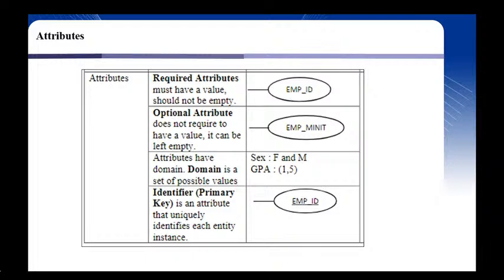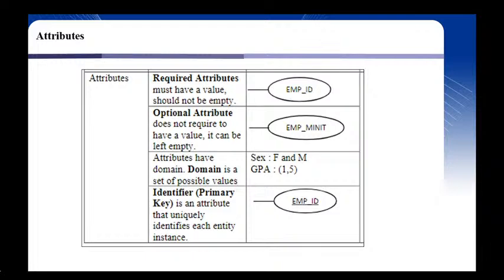Then, it is not applicable for all. And we also have not available, meaning it's not available at that time. Okay, for our attributes, we also have the domain. The domain is a set of possible values.